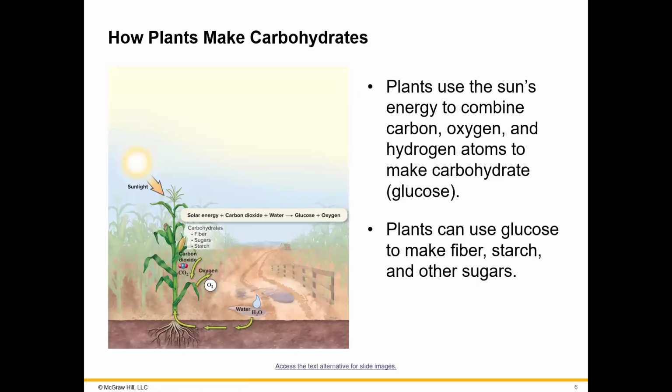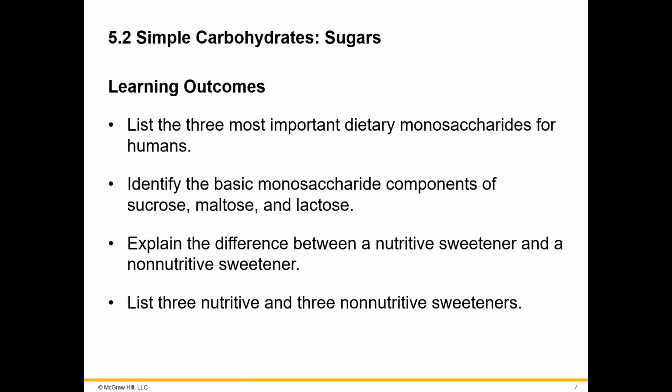Plants have carbohydrates in the form of starch. Plants use the sun's energy to combine carbon, oxygen, and hydrogen atoms to make carbohydrate. Plants can use their glucose to make fiber, starches, and other types of sugars.